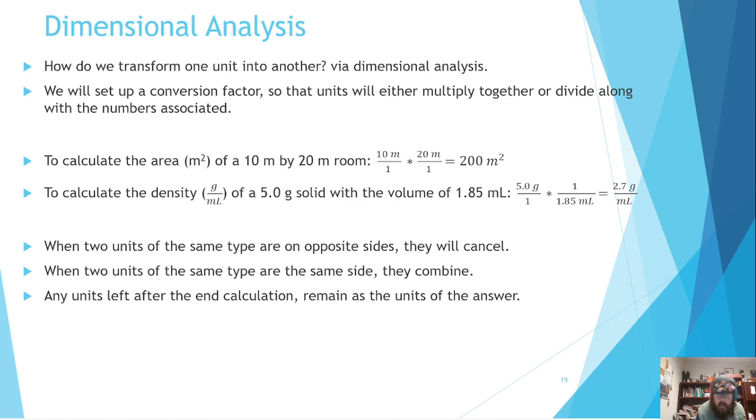Grams divided by milliliters, they are two different units. They are not allowed to cancel. And so because they're not allowed to cancel, they just carry over, and I have grams over milliliters, which is the correct units for density.